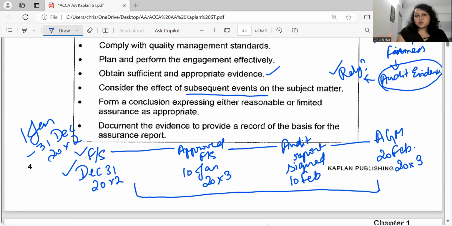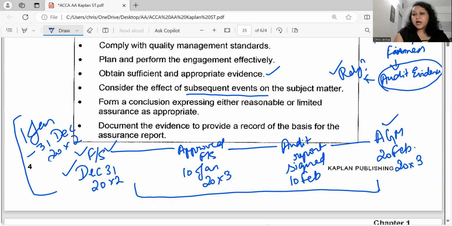For example, I'll just give you a small example. If there is a fire in the factory, and many goods have been damaged, whether it will have an impact on the financial statements or not, okay, or if there has been some other existence of some conditions that existed during this year, you will be remembering the events after reporting period. If you are an F7 student, you have already completed F7. So you will be looking at what the subsequent events are that have occurred after the financial statements were prepared till the AGM. Okay.